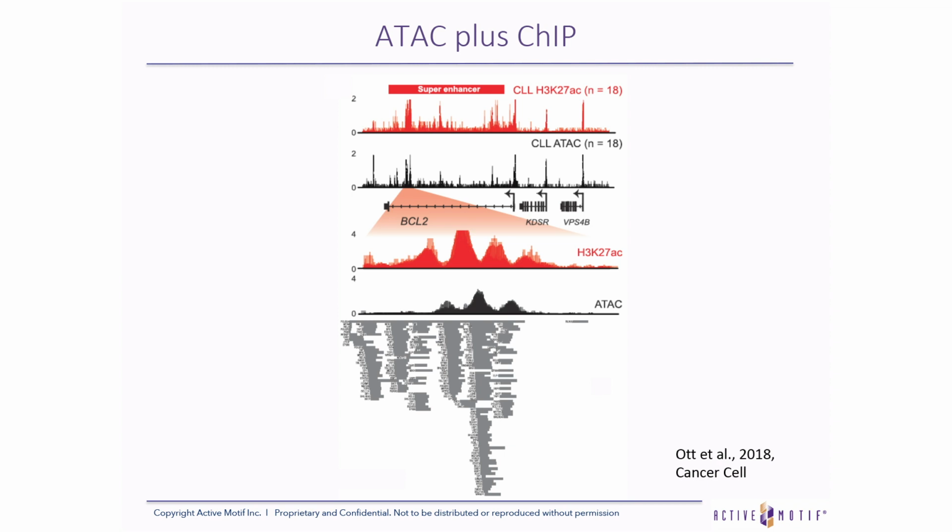So like I said before, usually K27 acetylation and open chromatin correlate. And so here we have a big region where there is a lot of open chromatin and a lot of K27 acetylation. This was just one of the superenhancers that this group identified.